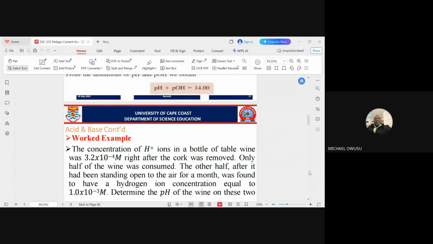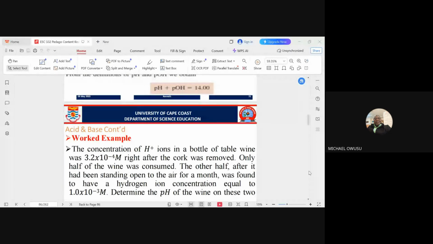Okay. Now, let me show you how this will be calculated. You have to know that the pH of a solution plus pOH equals 14. Take note of those things. If you look into the question, you have been given the pOH, and you are asked to calculate the hydrogen ion concentration.